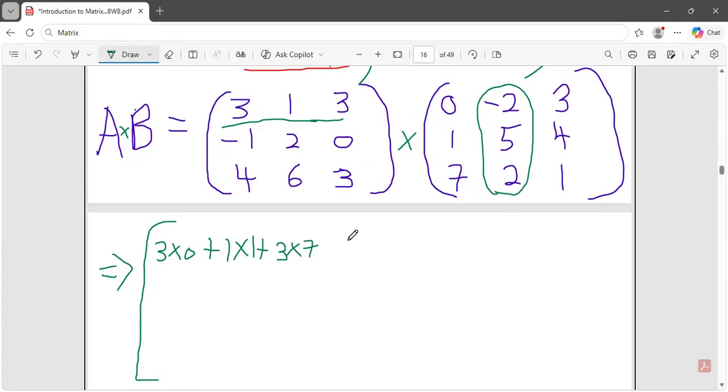So over here, we are going to get 3 times -2, plus 1 times 5. Very beautiful.